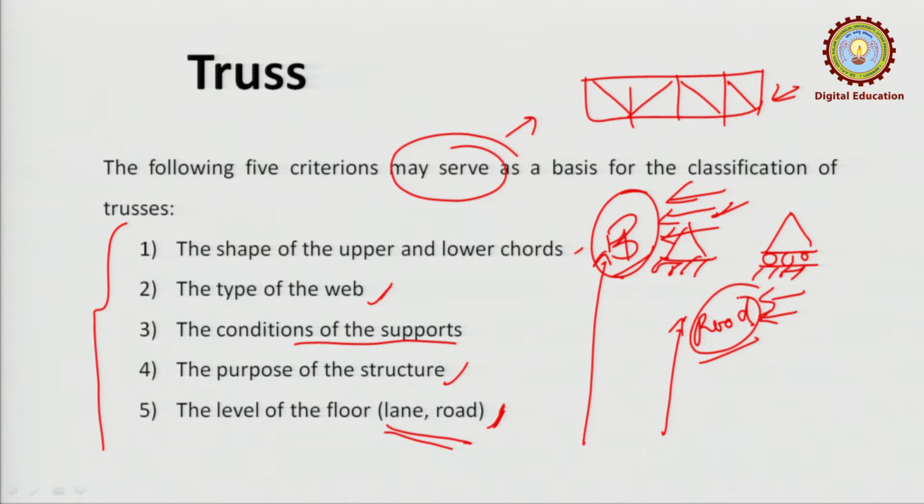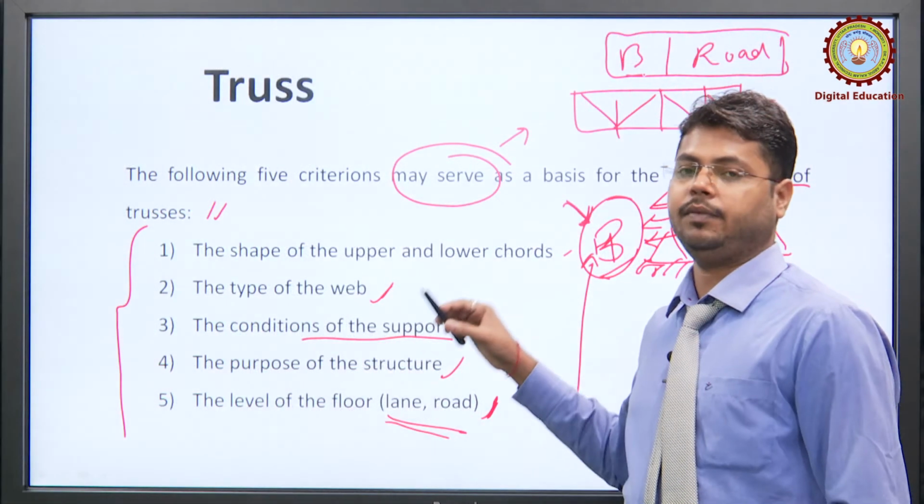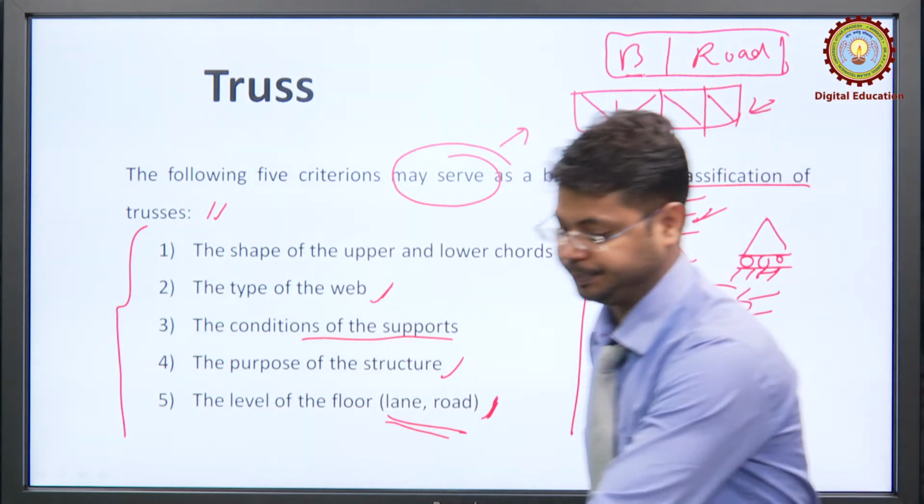Because of that, the classification of truss we use in a bridge or on the road is completely different. The bridge truss and the road truss designs will be completely different. So these are the 5 points by which we can classify the trusses.